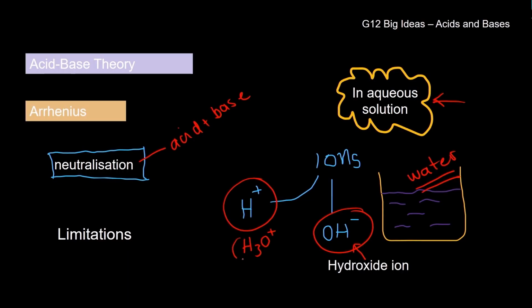So what were his limitations? Well, as I've said, the solvent that he used was water, and so he couldn't explain acids and bases in a different solvent. The other thing that he couldn't explain was substances that are bases that don't produce this hydroxide ion, and so there were definite limitations to his theory.